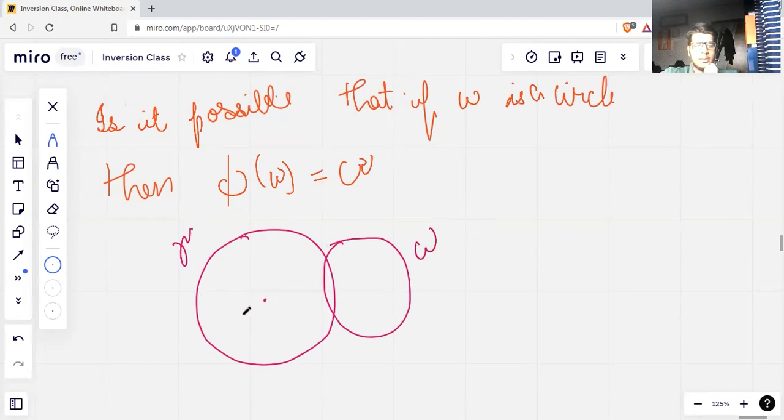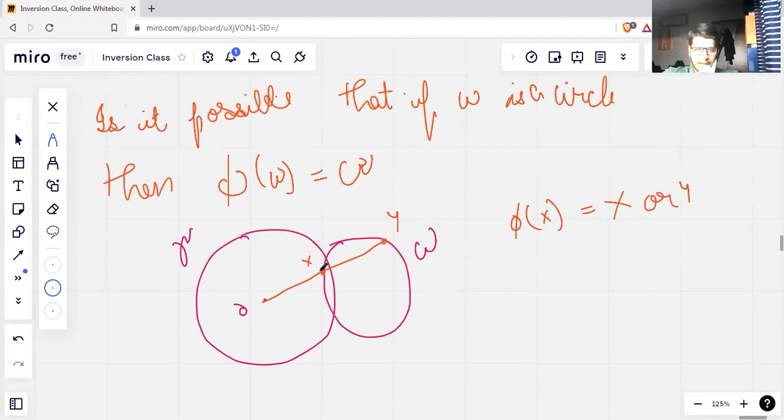This is the center. Let's consider a random chord XY of omega passing through O. Notice that this says that phi of X, since omega goes to itself, should also go to a point lying on omega. So X can either go to X or Y, right?